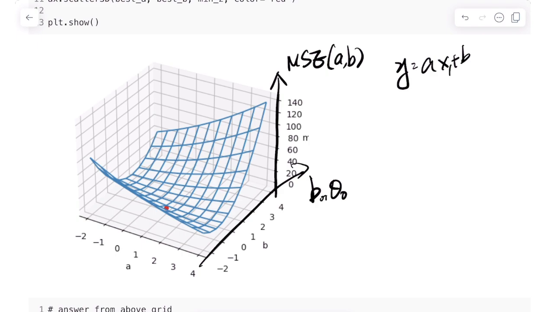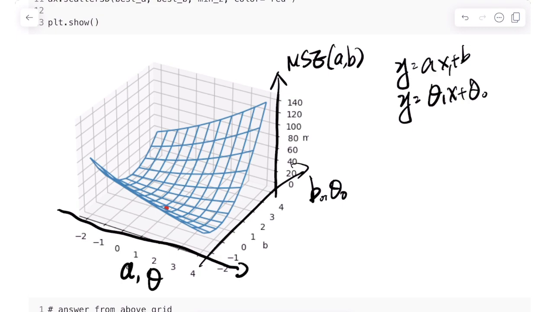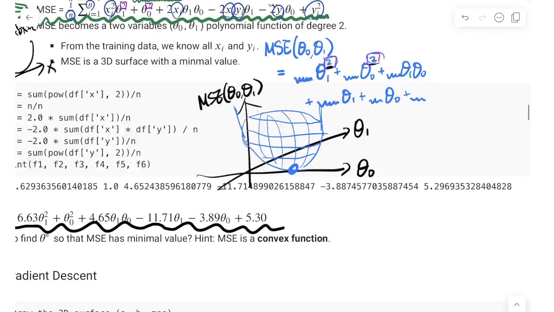It really depends on what kind of notation you use. And that is a, or theta 1.